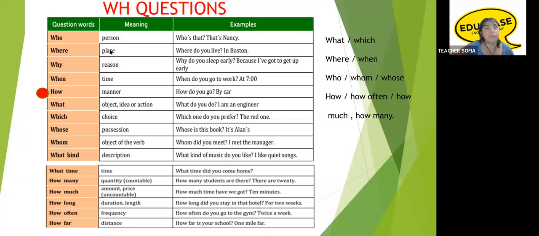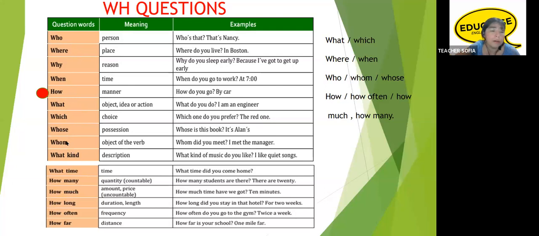Yesterday we were talking about who, where, when, what, and I told you the difference between what and which, and we're going to do a couple of exercises today to remember and close the difference between what and which.